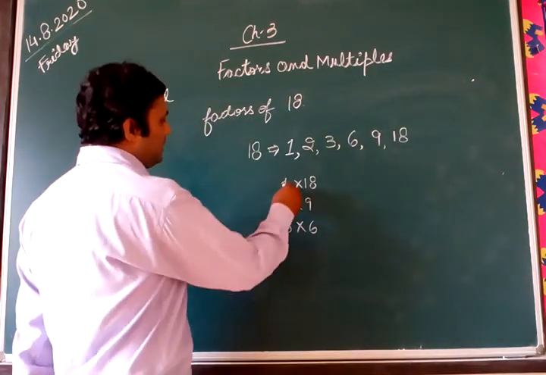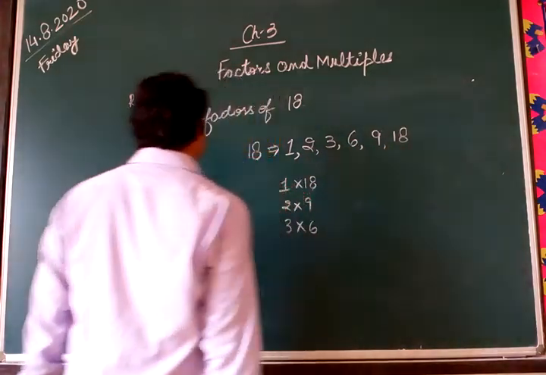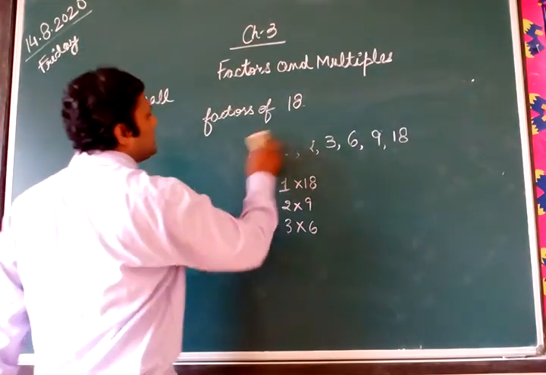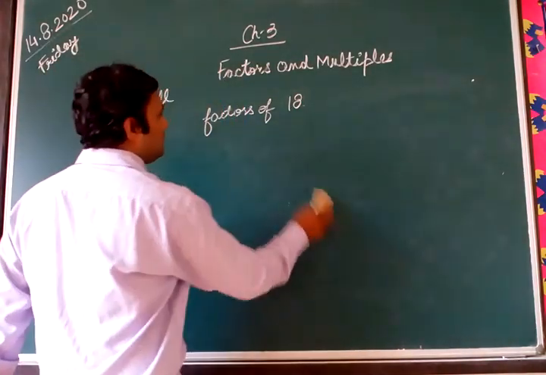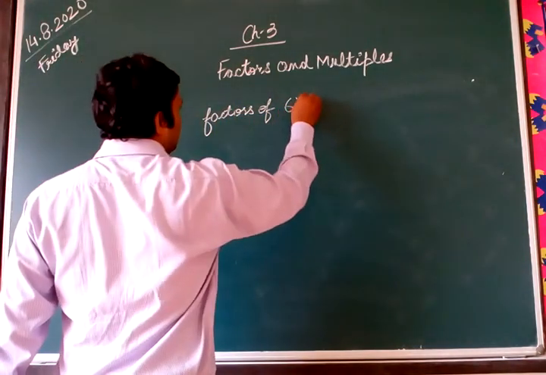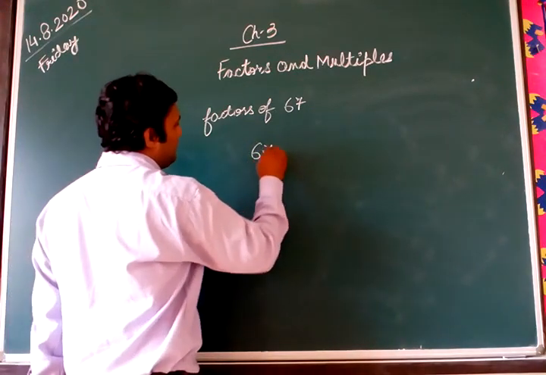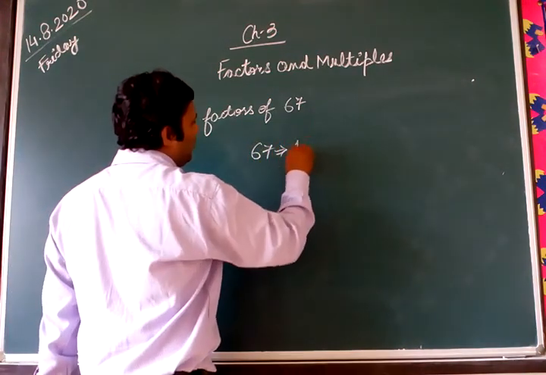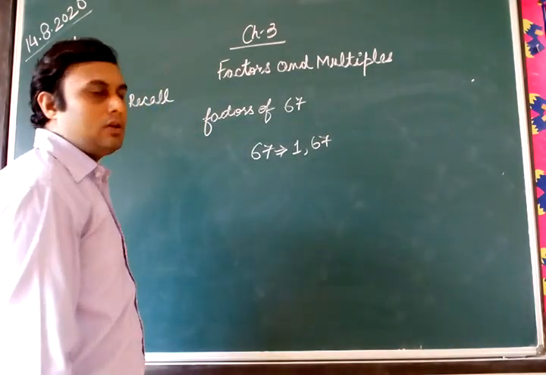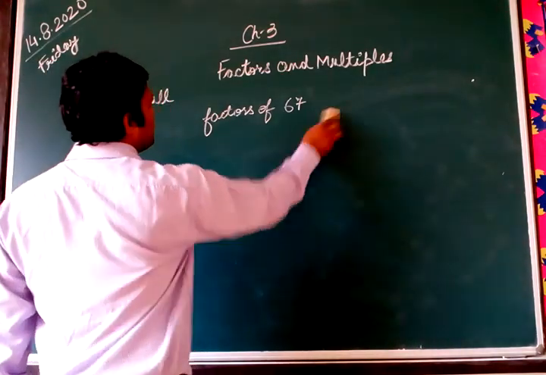So the factors of 18 are 1, 2, 3, 6, 9, 18. The next example we will take is 67. Its factors are 1 and 67 itself. In this way you can do the questions.